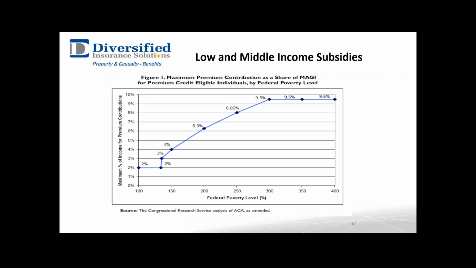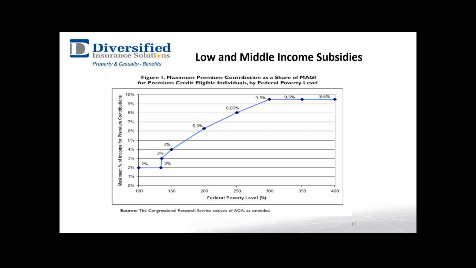So I've alluded to this quite a bit as well, and we put a slide together for you so you understand this. The whole concept here is, as you make more, you pay more. The biggest question we get asked a lot is, what is my subsidy amount? And really, it's all tied to your income. So the actual cost of coverage that the carrier is providing in the marketplace is really irrelevant.